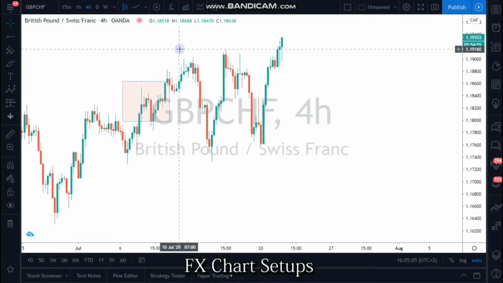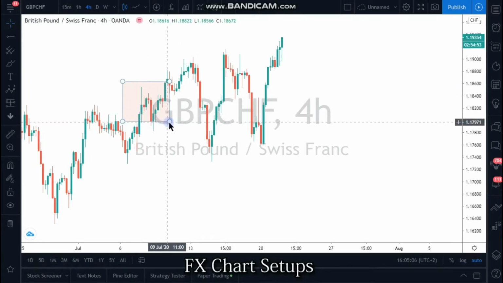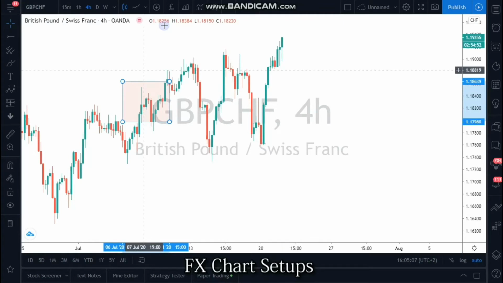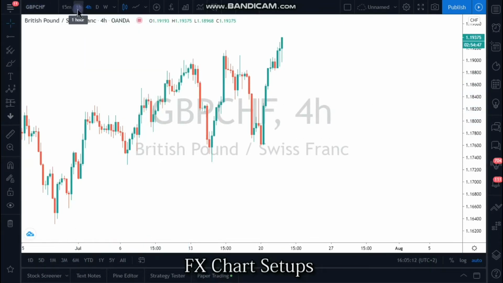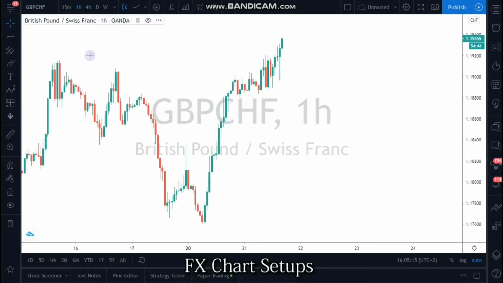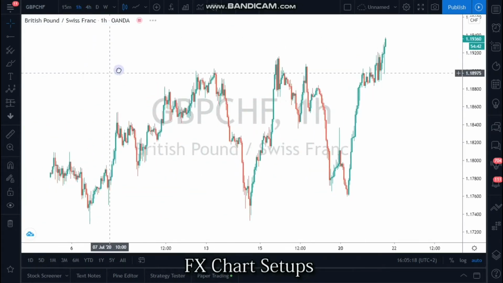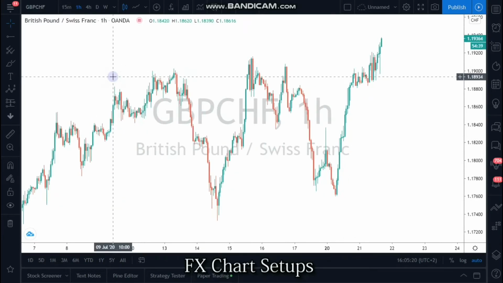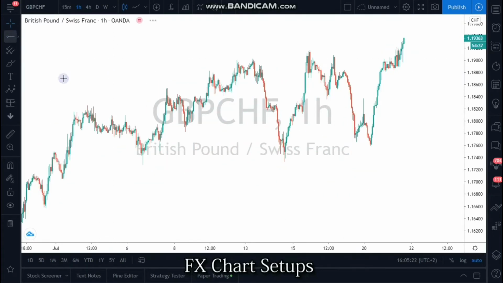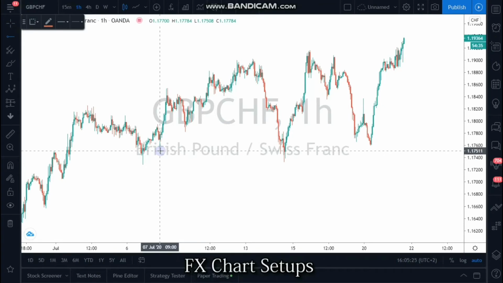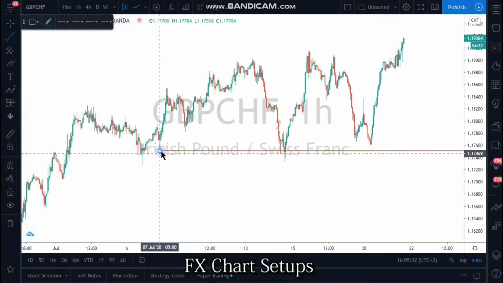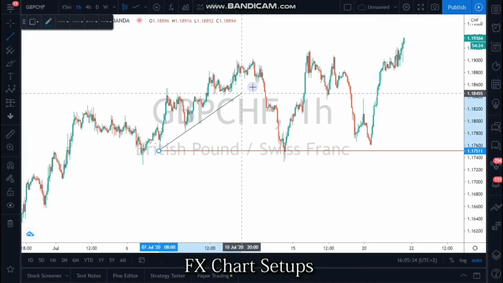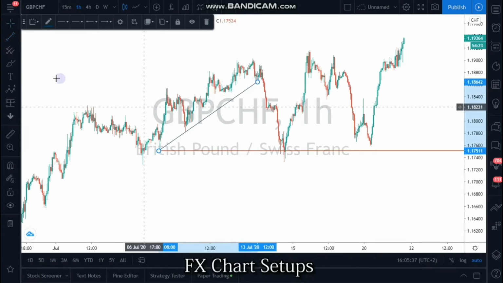So from that break back into structure, we'll go down onto the 1-hour chart and we'll see what was cooking there. On the 1-hour chart, we observed this ascending type pattern forming. Let's just get this trend line.